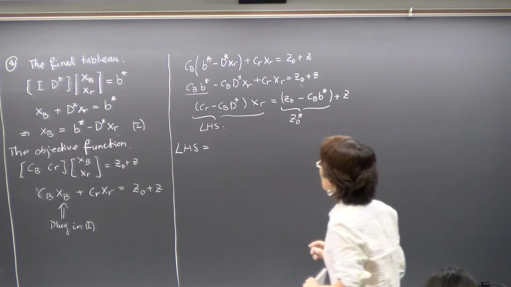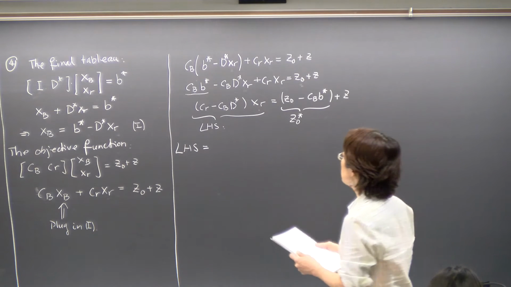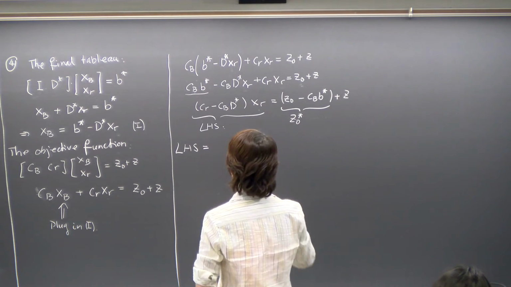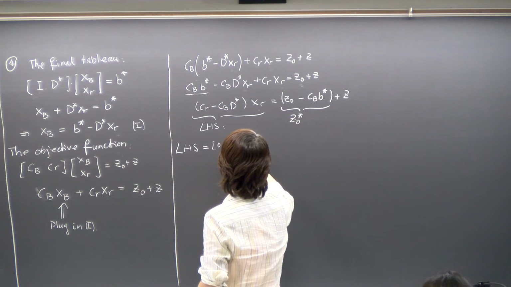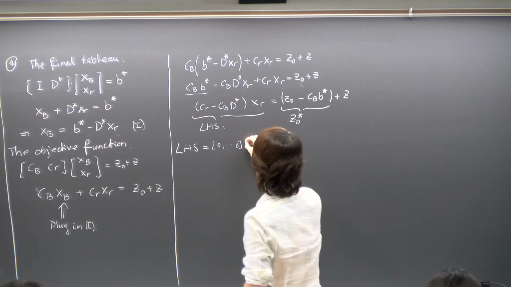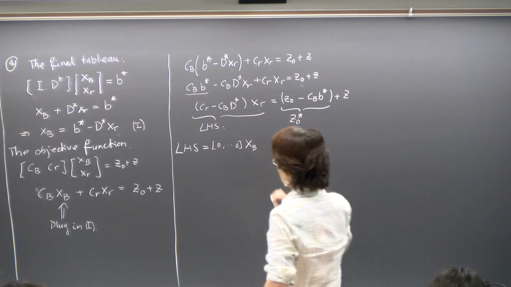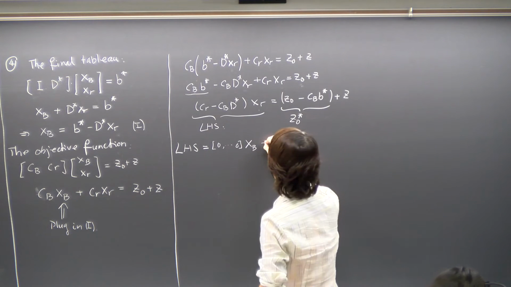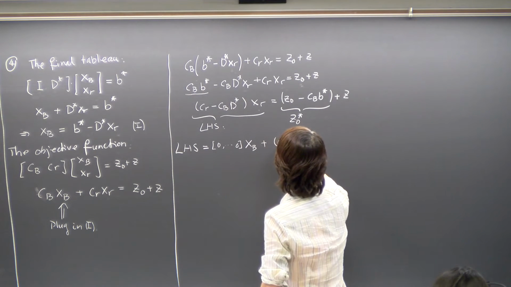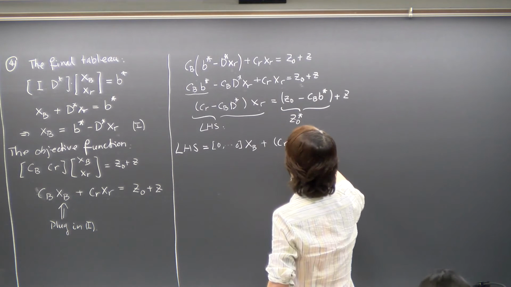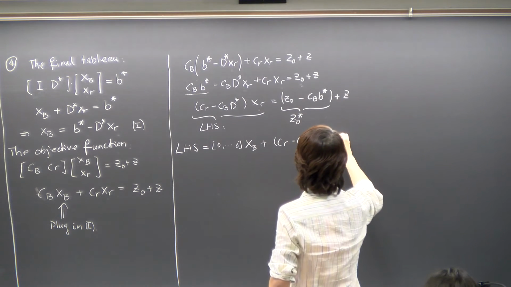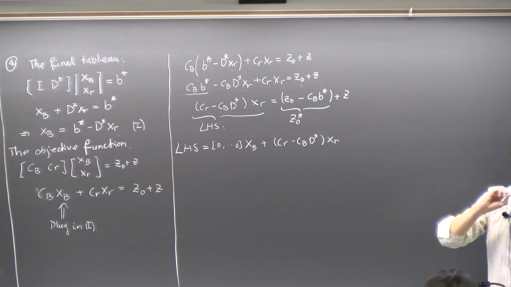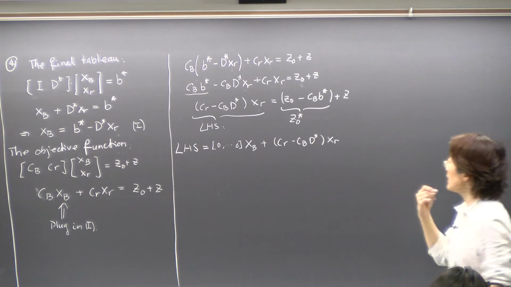I know this is in terms of the non-basic variables, so I can think that I have a 0 vector, which is actually what happens, right, multiplied by the basic variable, plus CR minus CB D star of the non-basic one. Is that right? I can think of it like that.